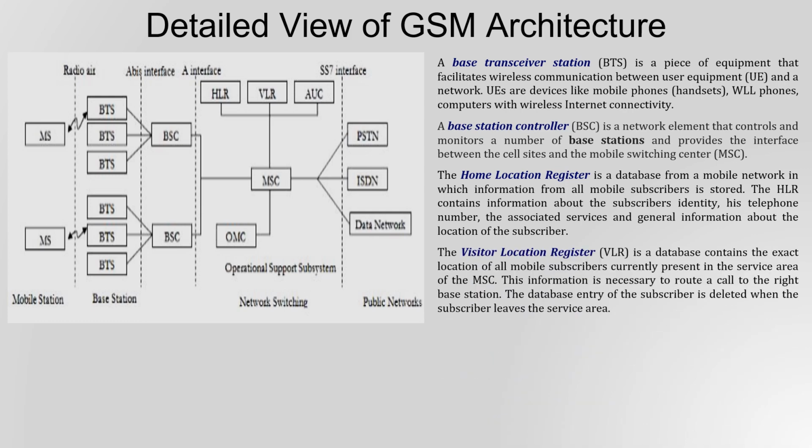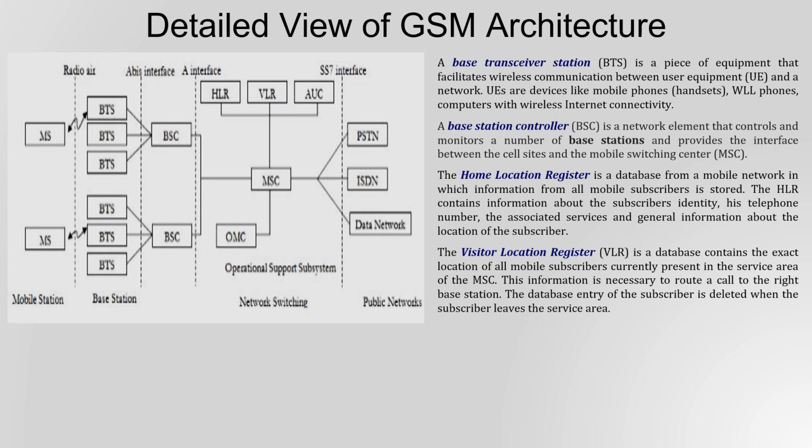The second component in the MSC is VLR. VLR is abbreviated as visitor location register, which is also a database, containing the exact location information of all the mobile subscribers currently present in this service area.